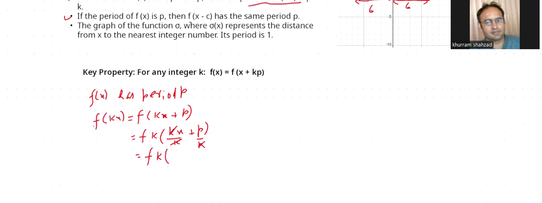So x plus p over k. If you look at the definition of the period, if we add this p over k into x, this function is not changing. So it means that the period of f of kx is p divided by k.